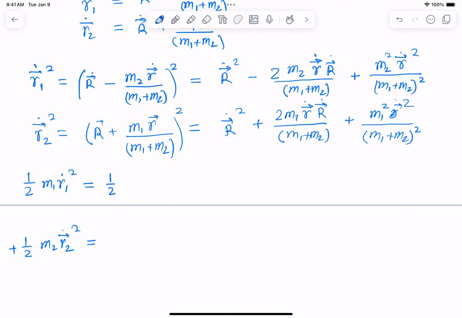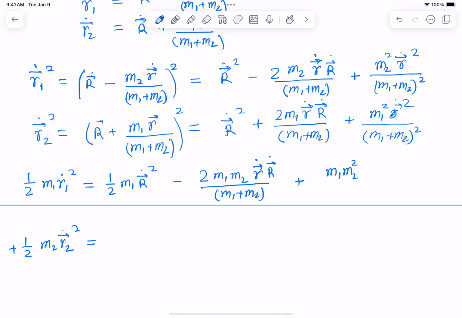That will give you a half of m1 capital R dot squared minus 2 m1 m2, so m1 comes from here, m2 comes from this expression over here, r dot capital R dot divided by m1 plus m2, and the third term will be m1 m2 squared r dot squared divided by m1 plus m2 squared.